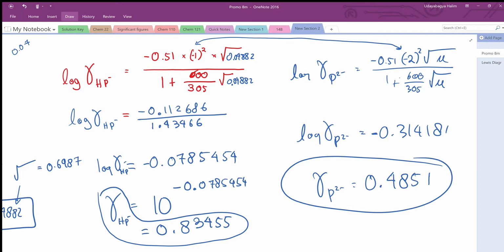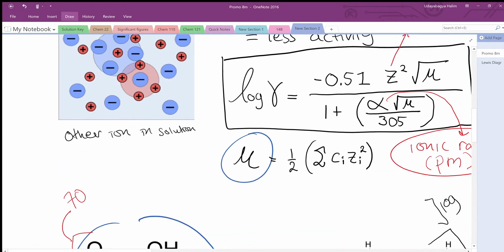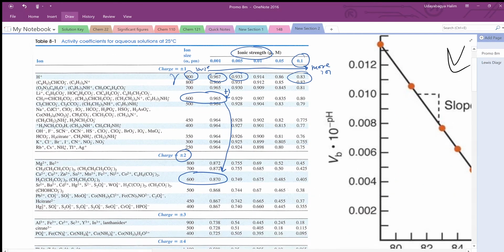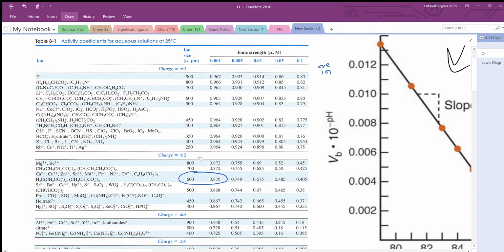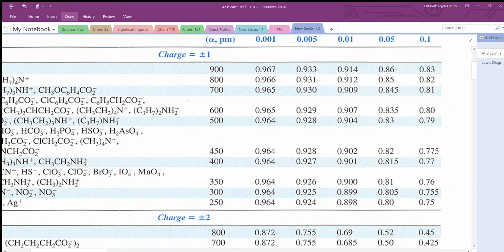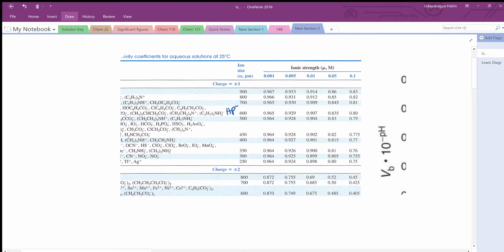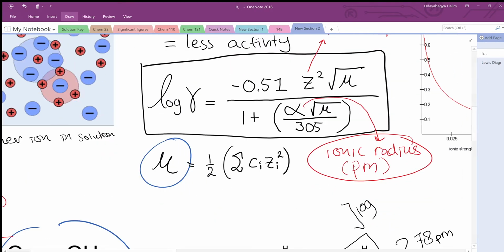And we'll just look at the table for the charges that we have. You guys are done with the calculation? Yeah, okay. Let's go over. So we're going to look at the activity coefficient from our table. HP minus is going to be plus minus 1, and we want an ionic strength of, I forgot what the ionic strength was again.